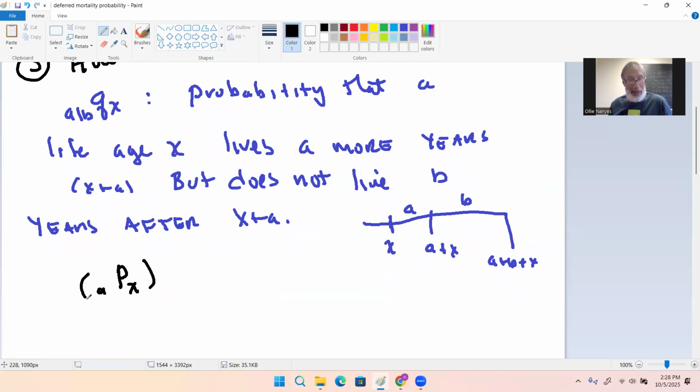But then by the laws of multiplicative probability, this life now aged A plus X has to die within the next B years. So it's multiplied by Q of X plus A, B. In other words, lives A more years after X, but dies within B years after X plus A. Okay, so that's one way of calculating this.